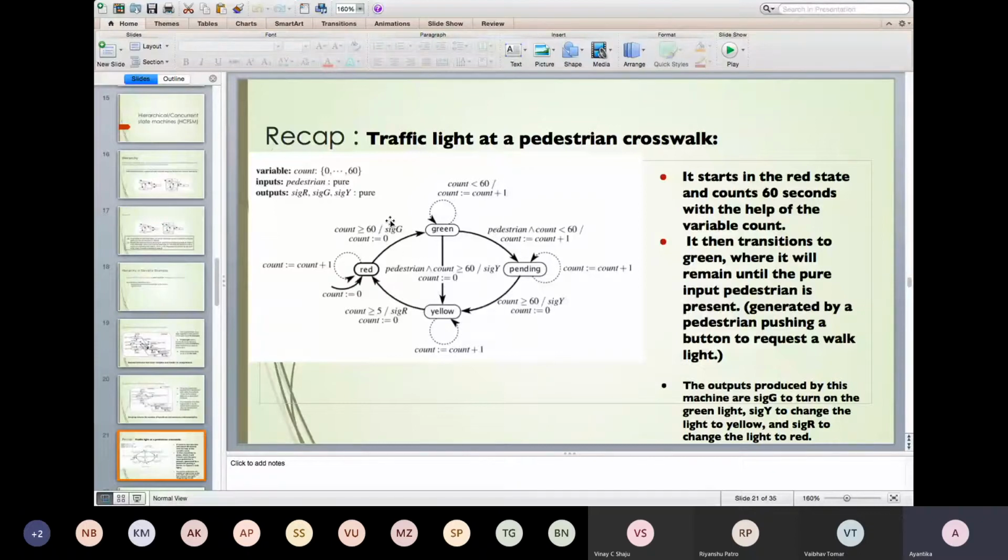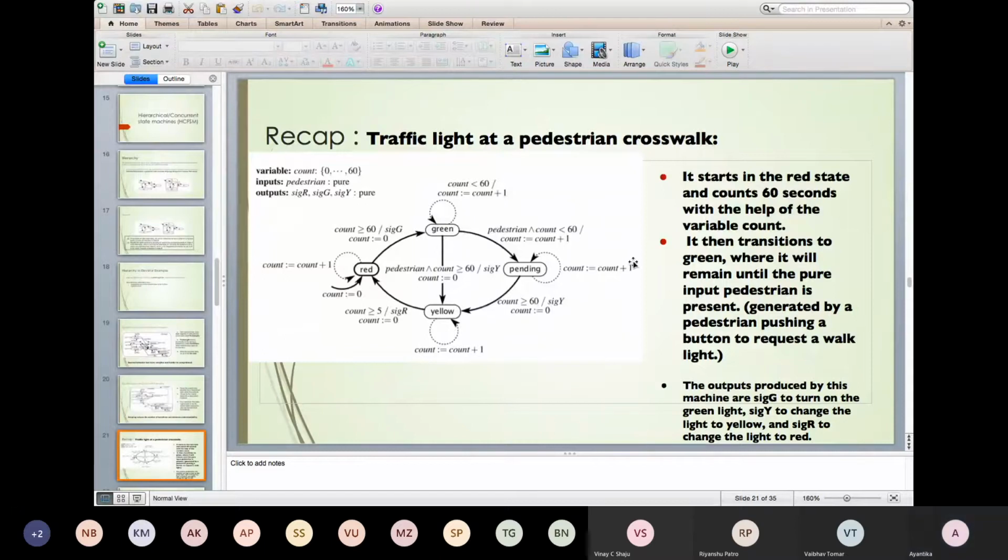If so, I'm setting my signal G high and making the transition to green. Not only am I going to the state green, I'm also setting my count value to 0, so that in the green state I will start from count 0 and go 1, 2, and so on up to 60.